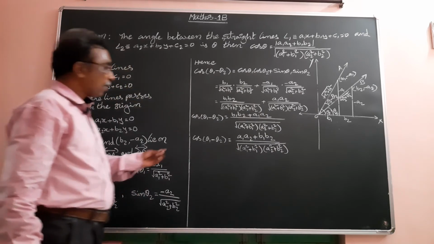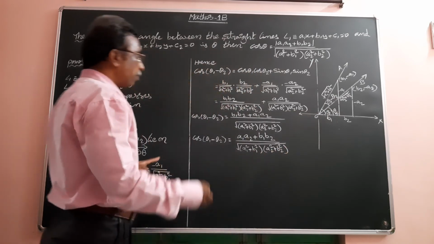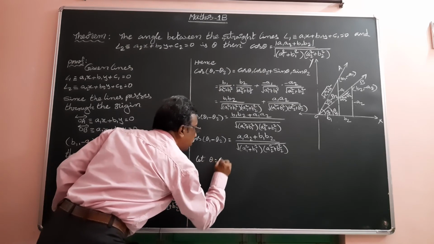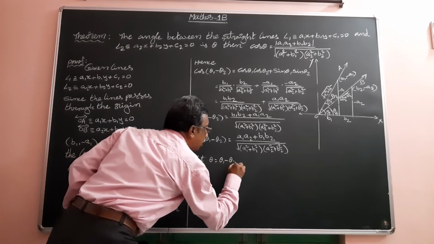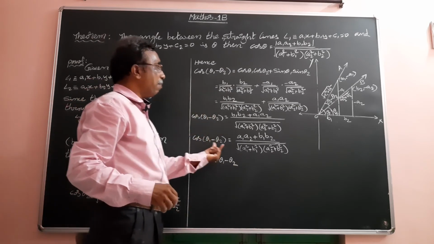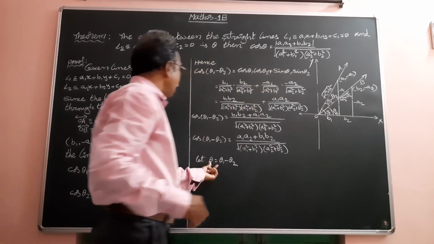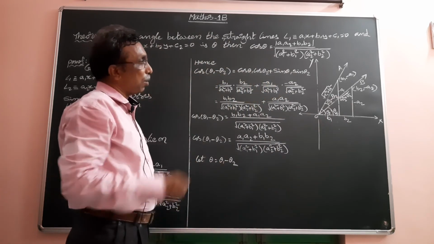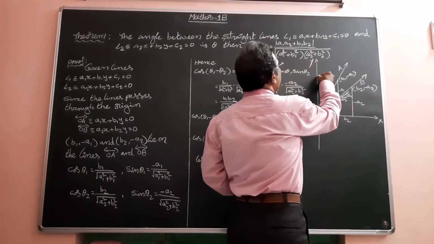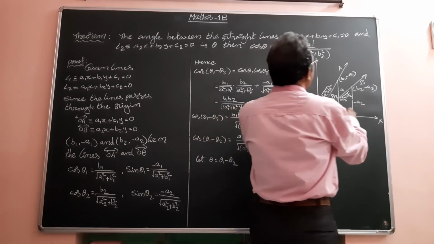Next, now we want this angle theta 1 minus theta 2. Let theta equal theta 1 minus theta 2. Now observe this one. Which quadrant is this theta in? With the X and Y axes, how many quadrants are there?